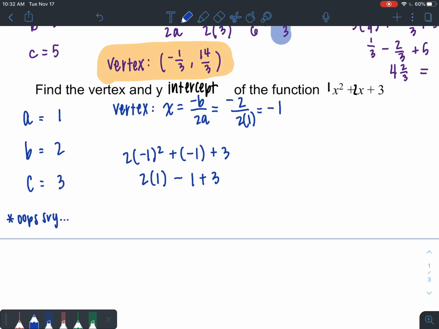So now we have 2 minus 1 is negative 1 plus 3 is 2. No, that's not right. 2 minus 1 is 1 plus 3 is 4. So our vertex is the point negative 1, 4.